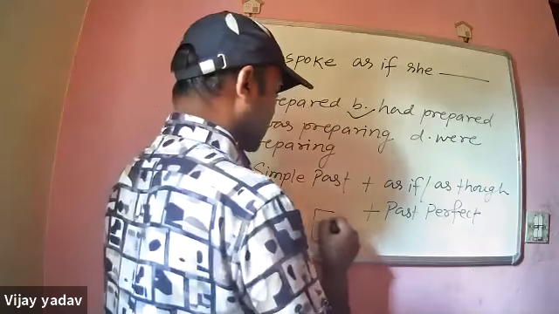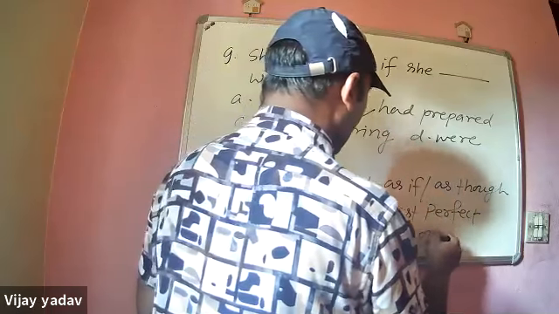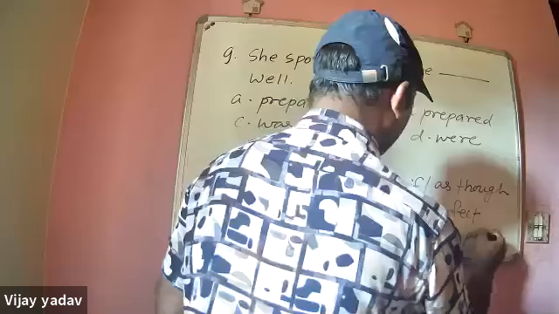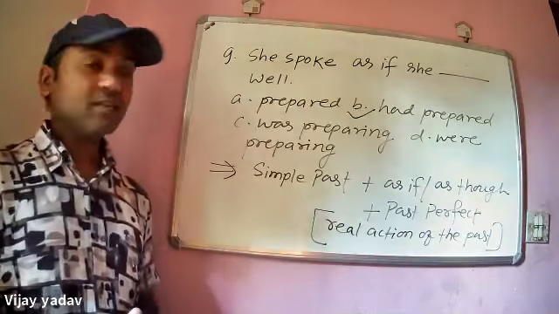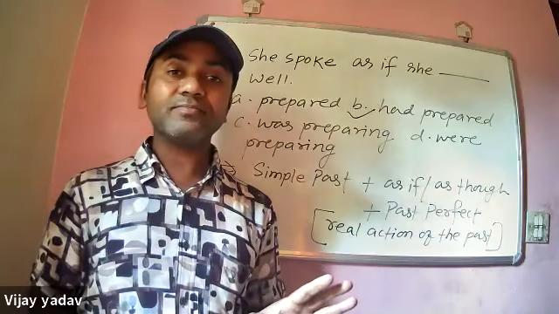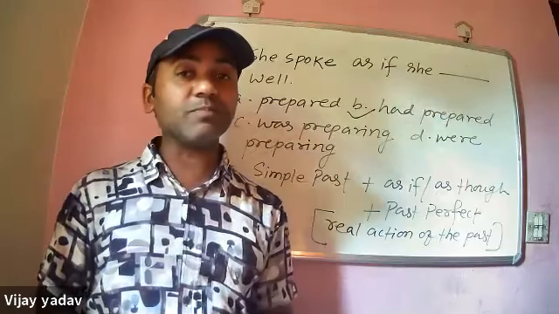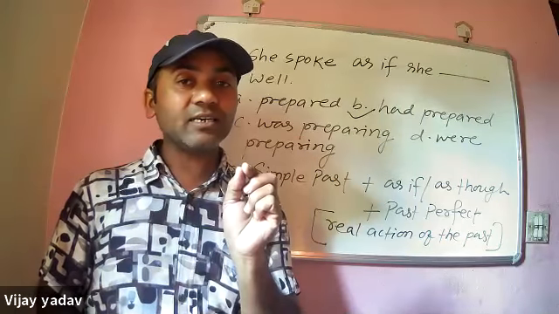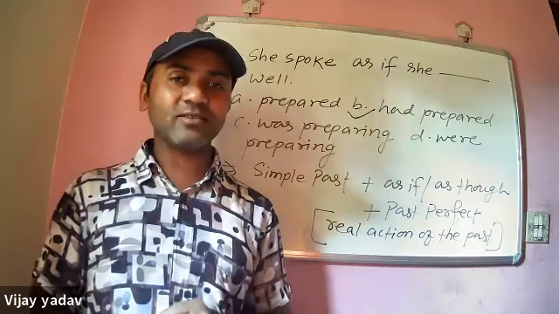See the difference between number 8 and number 9? There we use simple present and simple past, but it expresses doubt on a real action.